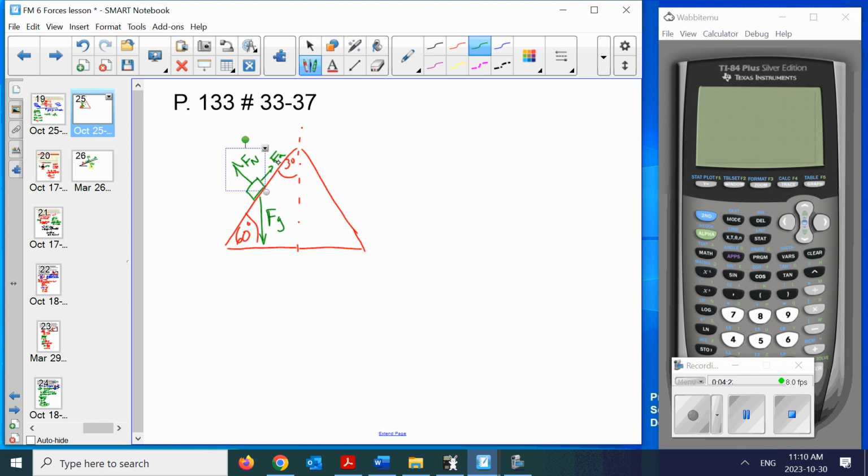Find the components of the cup's weight that are parallel and perpendicular with the plane of the table. Okay, 34. I'll reread again, double check. 15 degrees with the horizontal.